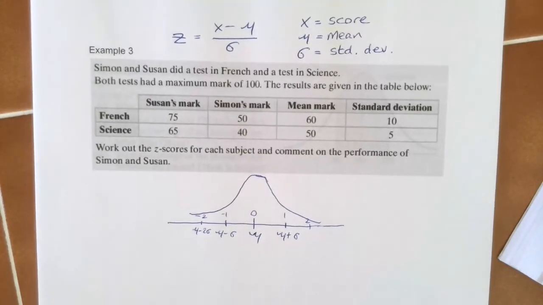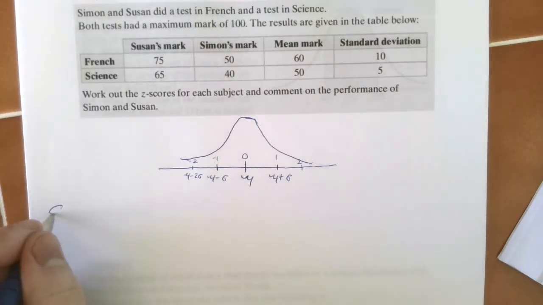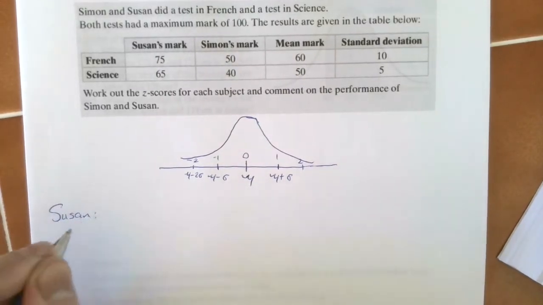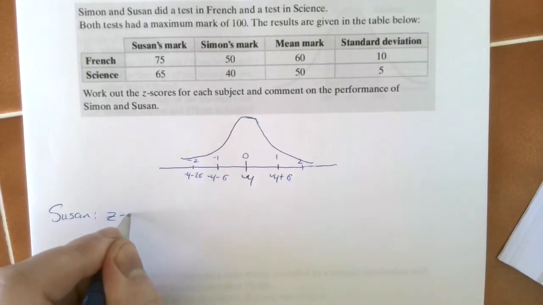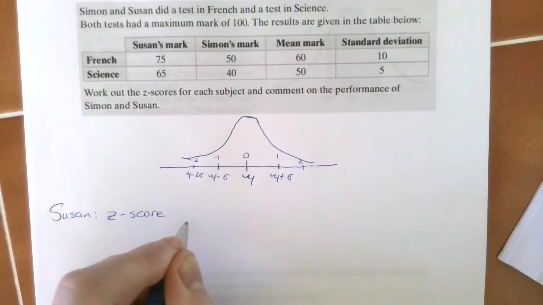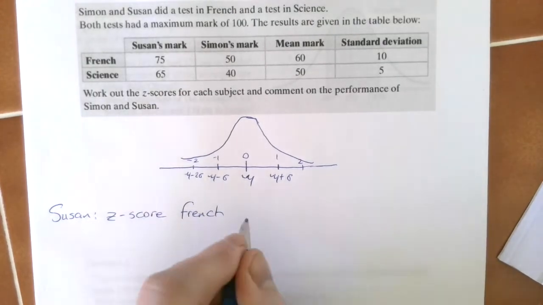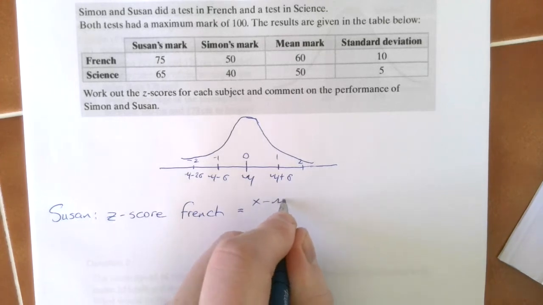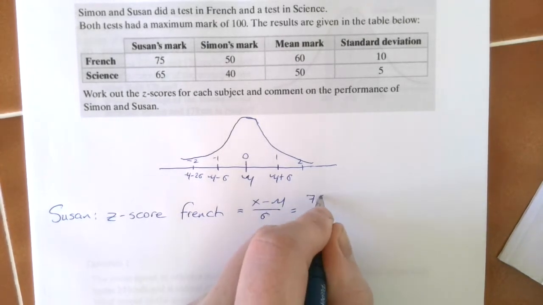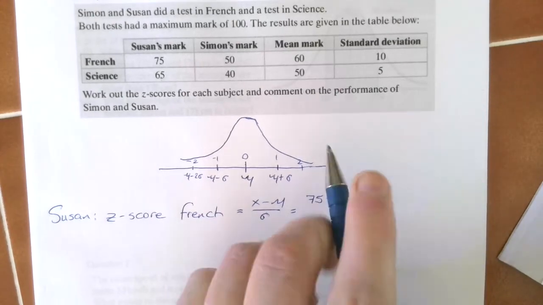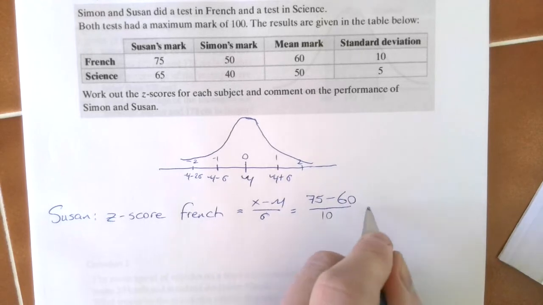We're going to calculate Susan's scores for both first. Let's look at Susan's score for French first. To get our z-score for French, it's going to be x minus the mean all over the standard deviation. That is equal to 75 minus 60, which was her mean mark, and then all over the standard deviation, which was 10.